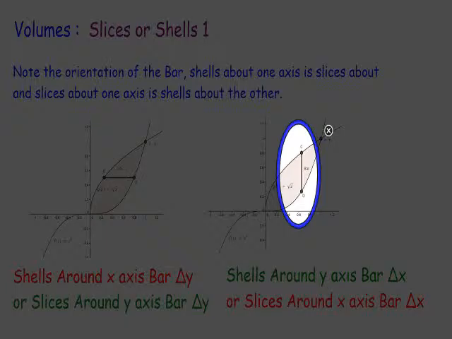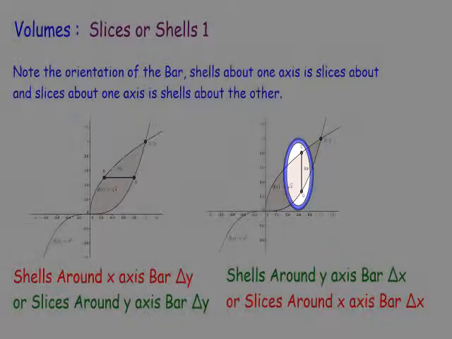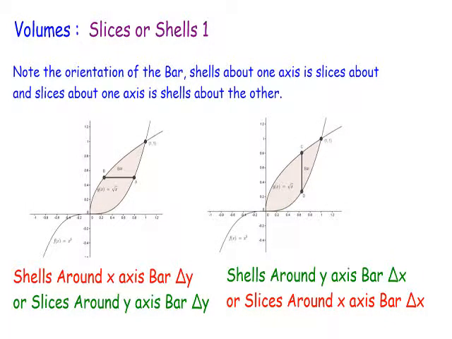But in both cases, its thickness is delta x, and again, two different volumes. It's quite important to realize that the orientation of the bar is important, and depending on whether I'm slicing or shelling, it'll create the thickness of the bar.